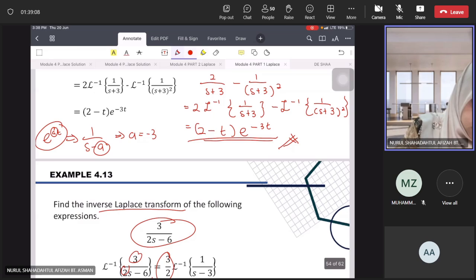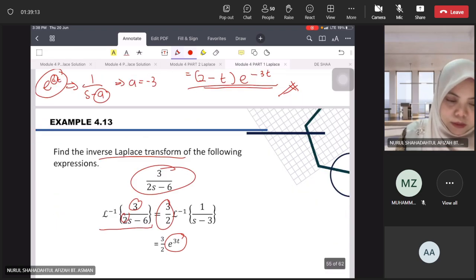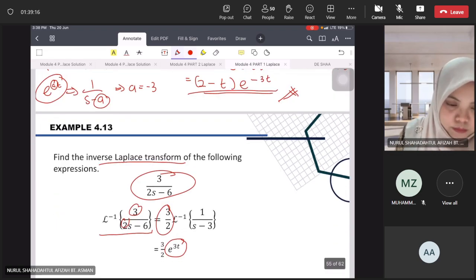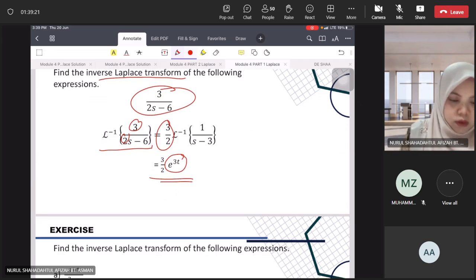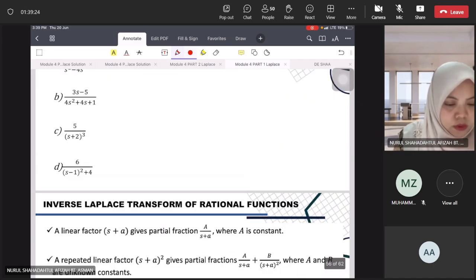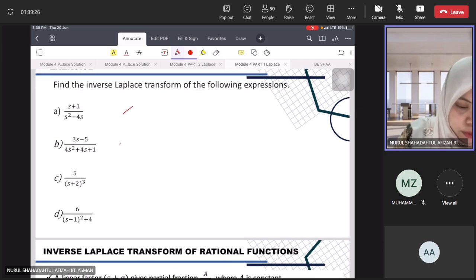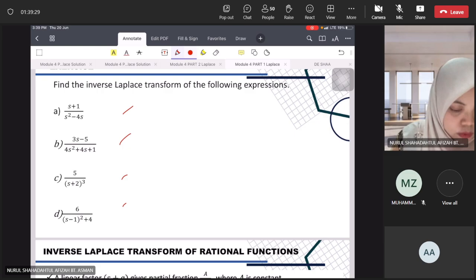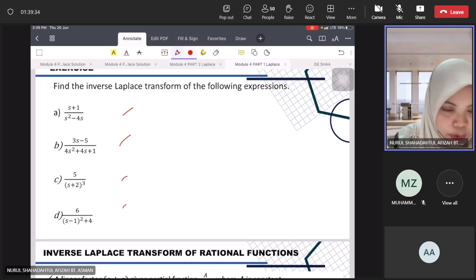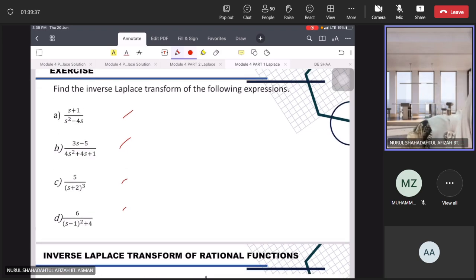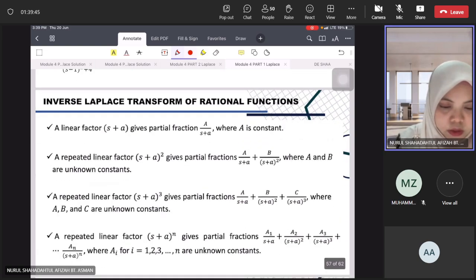You refer to the table of Laplace. Okay. So this one you can try to do. Try to solve this equation or expression to find the inverse Laplace. I think you can try to do it later.